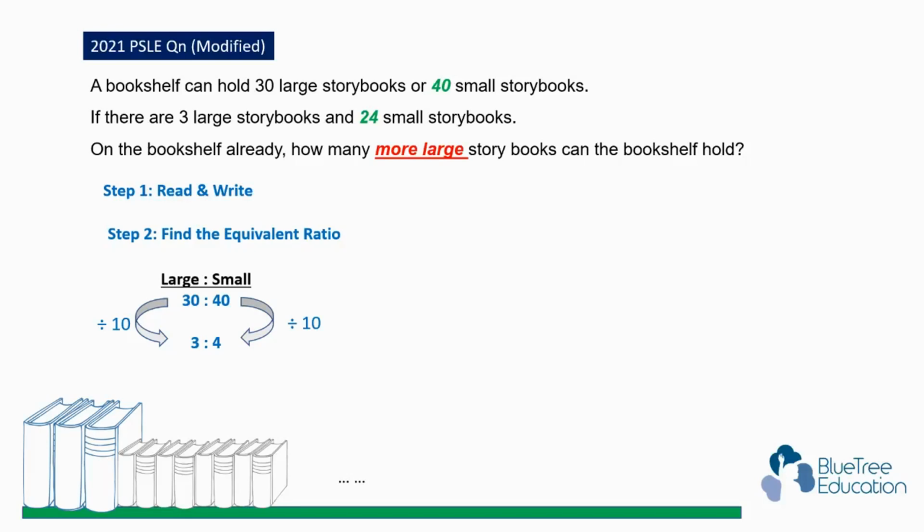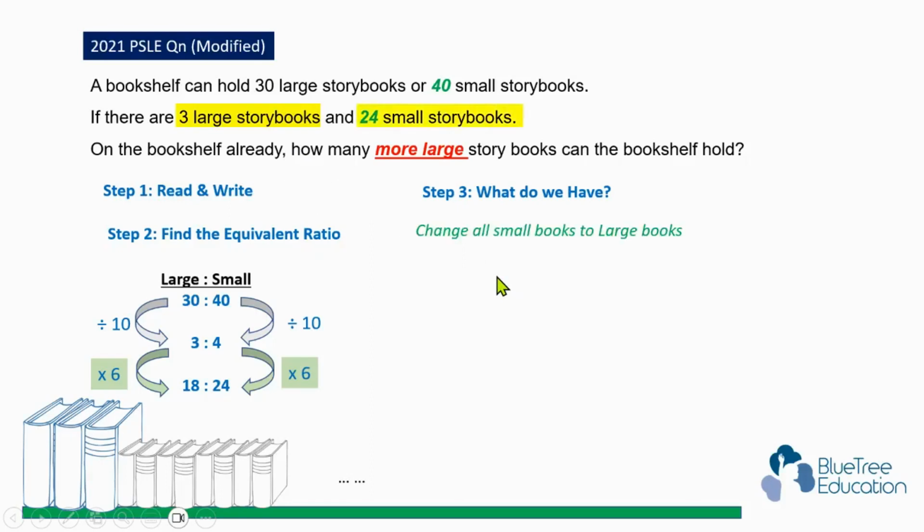And after which, you are going to convert them into 24 small storybooks so that it is equivalent to 18 large. Got it now? If you have 24 small that is equivalent to 18 large, the next part is to focus on the question itself that says how many more large storybooks can it hold.